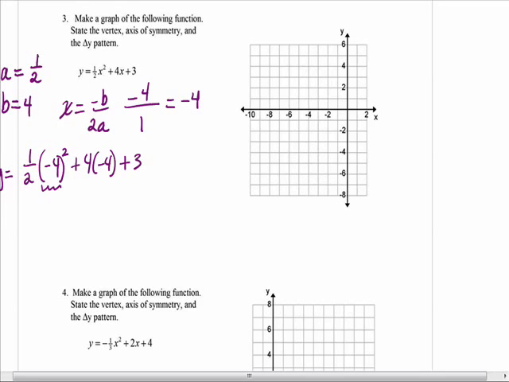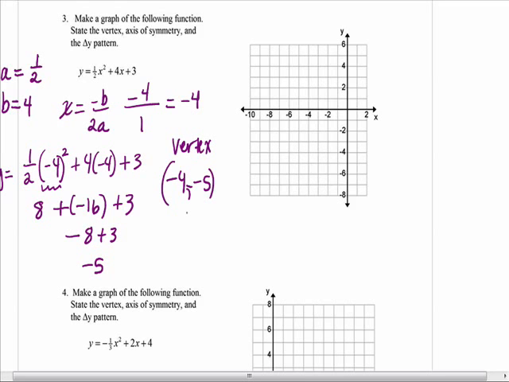So what's half of 16? 8. Alright, now 4 times negative 4 is negative 16. Let's add things up from left to right. So then I have 8 plus negative 16, negative 8, plus 3, negative 5. So our vertex is negative 4, negative 5.